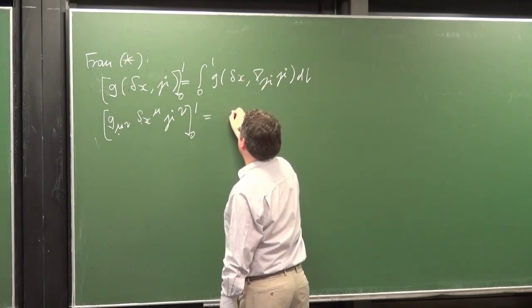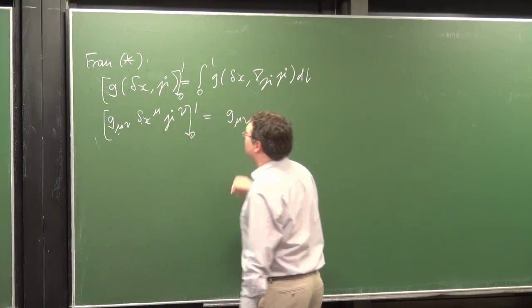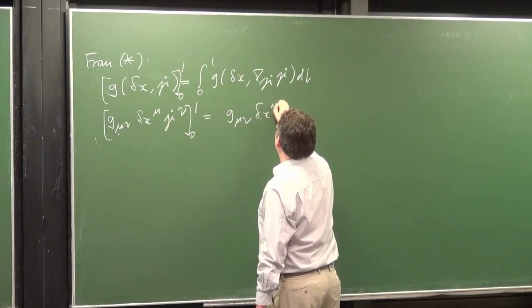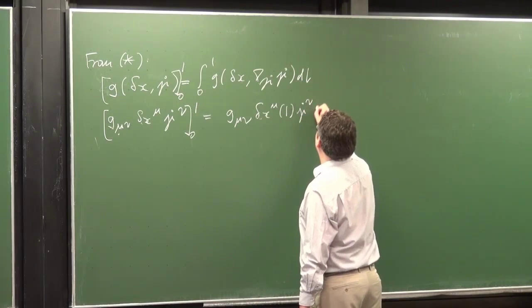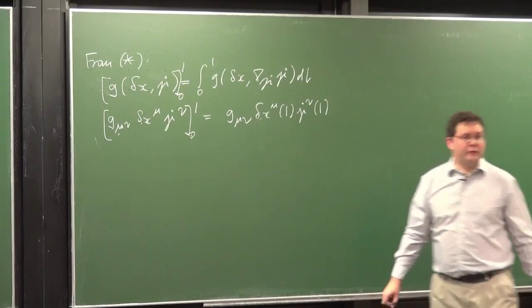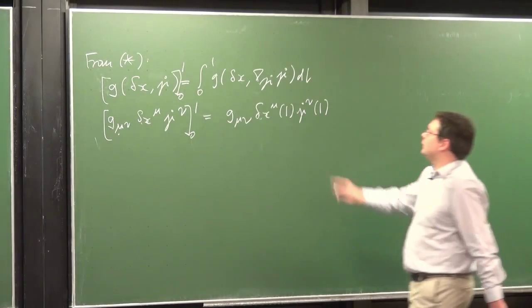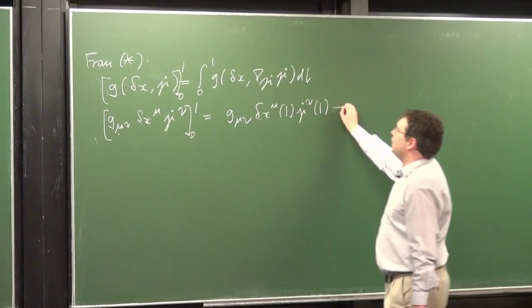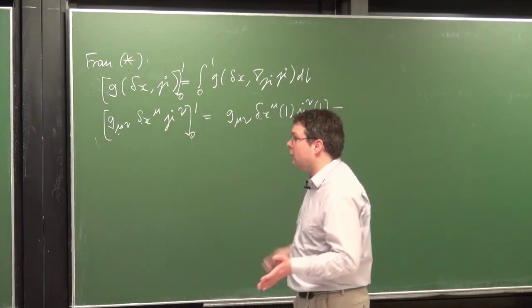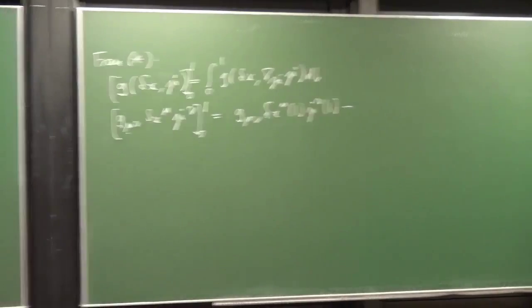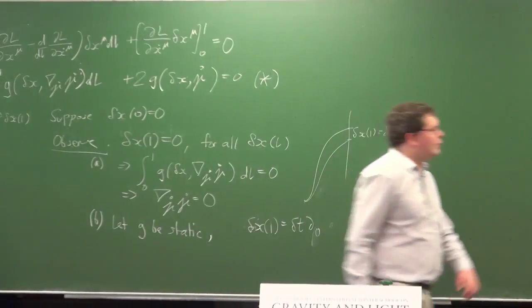Right, so this will be g_{μν} δx^μ at 1 times the tangent vector to the null curve at 1 minus the same evaluated at our starting point, that's 0, right, by our assumption, the variation at the starting point is 0.